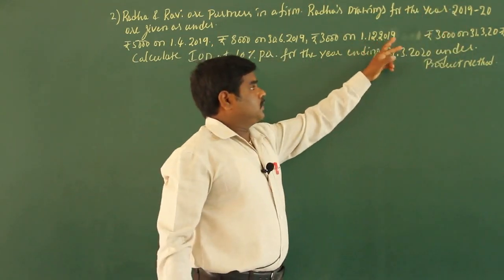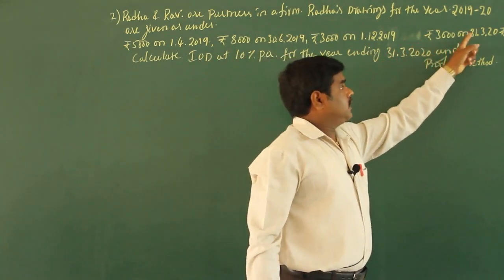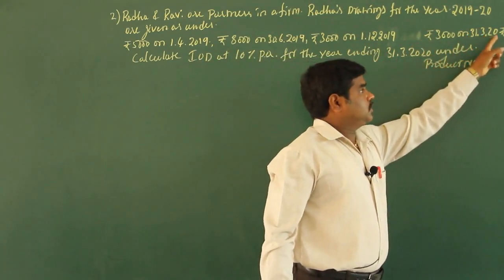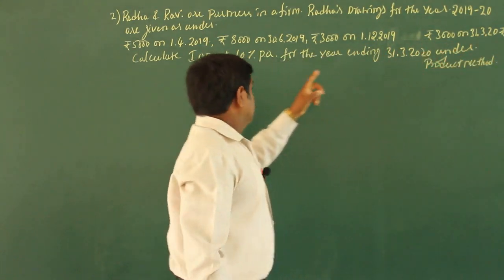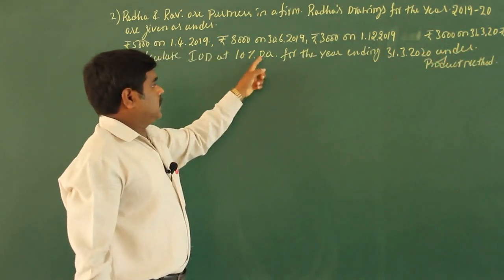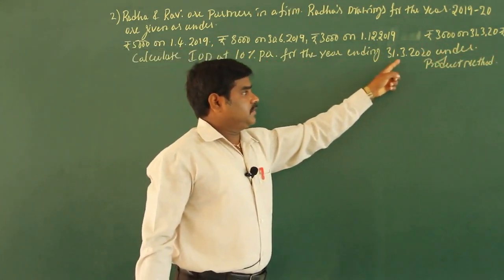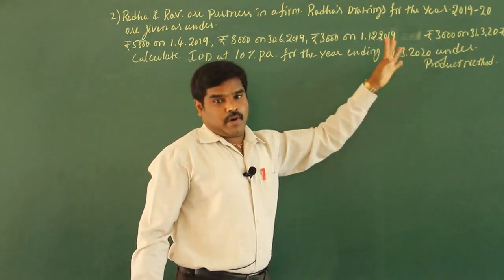Calculate interest on drawings at 10% per annum for the year ending 31st March 2020 under the product method.